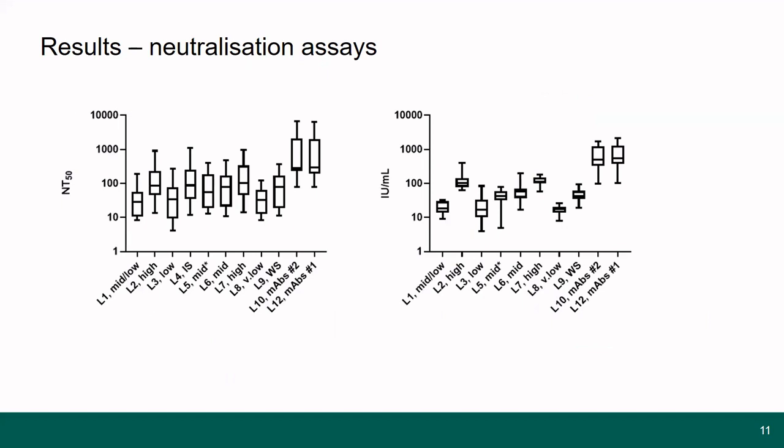On your left, you have the data for each of the 12 samples, as reported by the participants in 50% neutralization titer. The size of the boxes represents the spread of data between the laboratories. When you report the data relative to the candidate, which was sample 4, you see how the spread becomes much narrower, and you have much more concordance on the results between the labs.